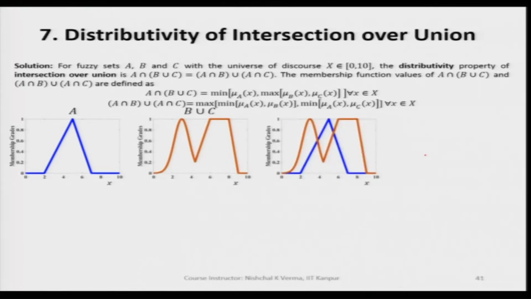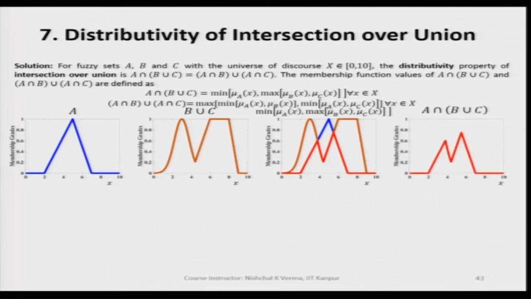So, we can again overlap these two fuzzy sets, and since we are taking here intersection, we apply the min criteria, and then on applying the min criteria we are going to get this as the result. So, this is represented by the red color fuzzy set. This is the outcome of the intersection of A and B union C.